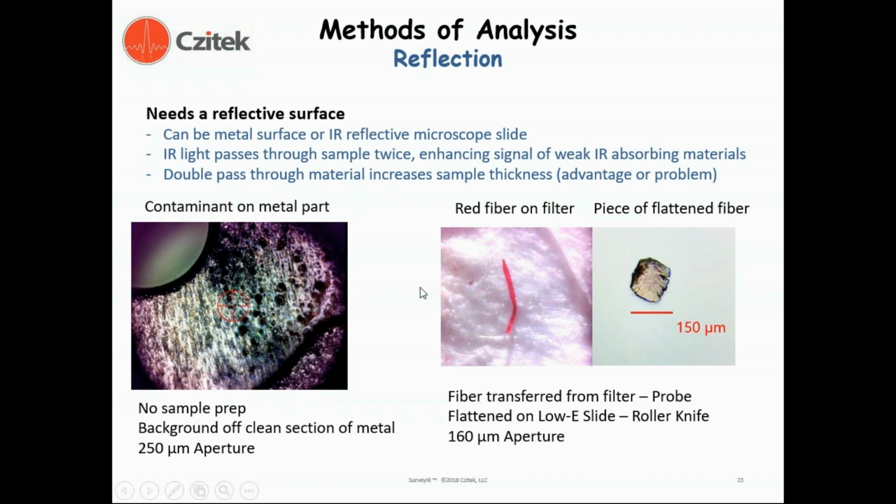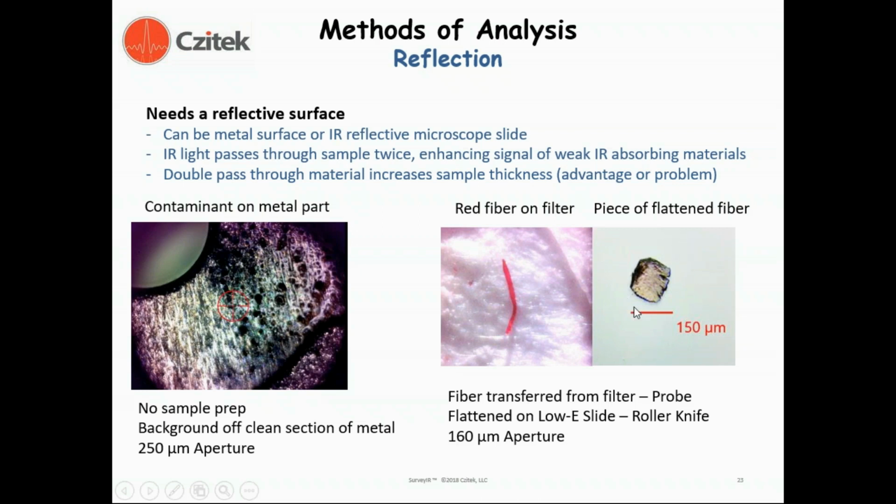We can also transfer samples to reflective surfaces. So this red fiber we showed you before was on a glass filter. As it turned out, this glass filter contributed a contribution in ATR mode. So we removed the fiber from this glass filter substrate and transferred it to Lowy glass.